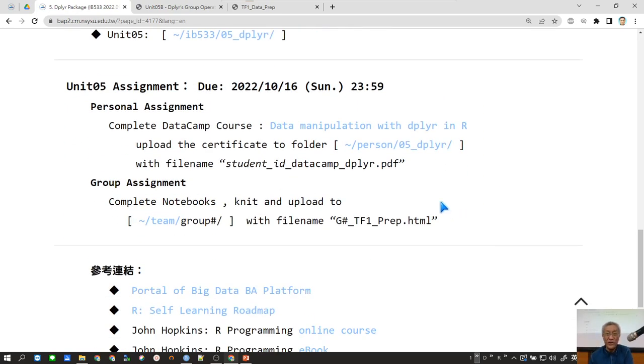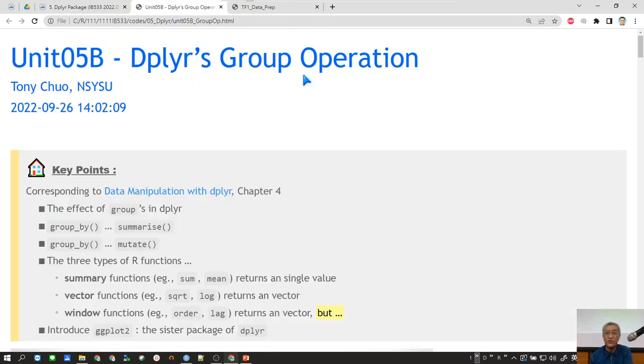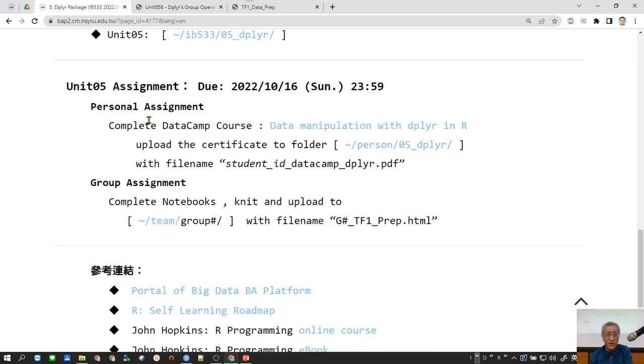Now, I do not have time to go through this group operation in detail yet, but I think that does not matter, right? The first personal assignment, because we have 2 weeks, right? I want you to do a DataCamp online course.